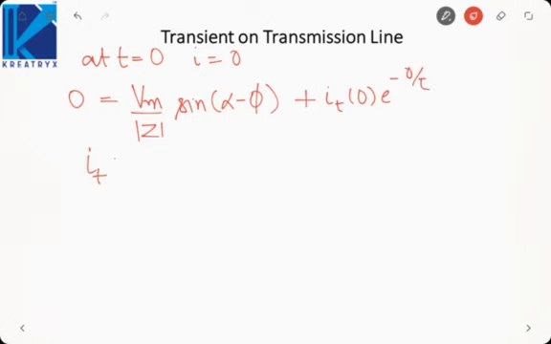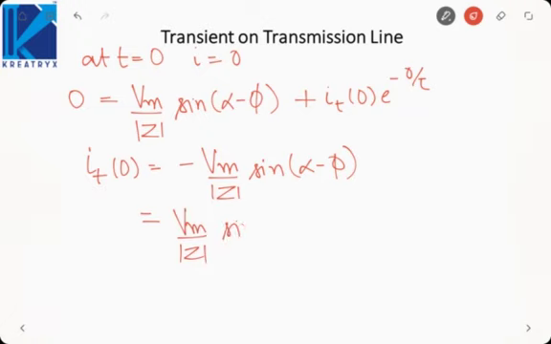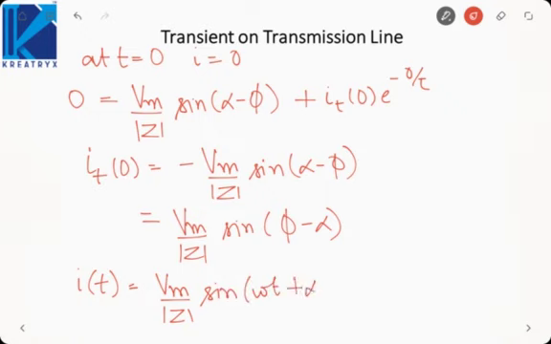So from here I can calculate I0, it will be minus Vm by mod Z sin(alpha minus phi), or we can say Vm by mod Z sin(phi minus alpha). From here I can write I(t) equals Vm by mod Z sin(omega t plus alpha minus phi) plus Vm by mod Z sin(phi minus alpha) e raised to the power minus t by tau.